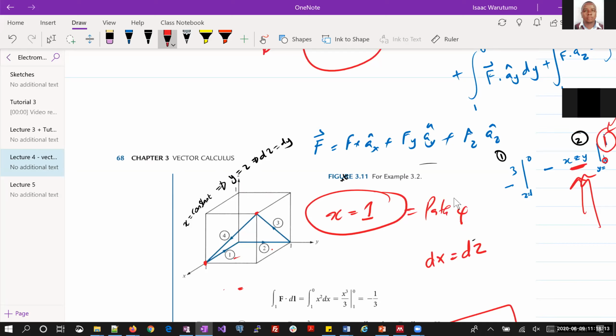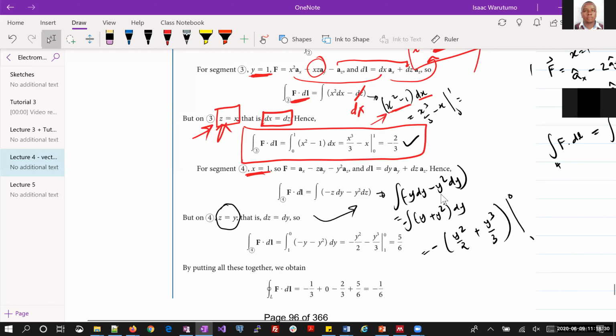And again, we can do it similarly and say that the changes in y and z are similar, and therefore y is equal to z. Therefore, dy is equal to dz. That is what we are observing at this point. Therefore, we are going to be replacing dz with dy.